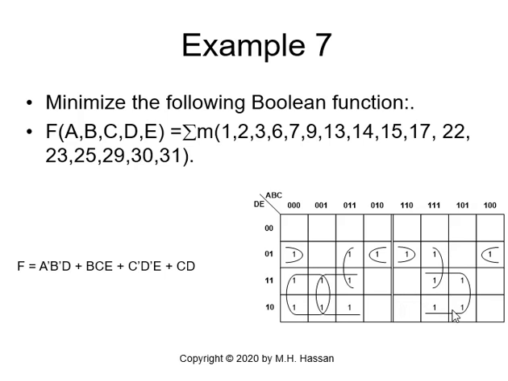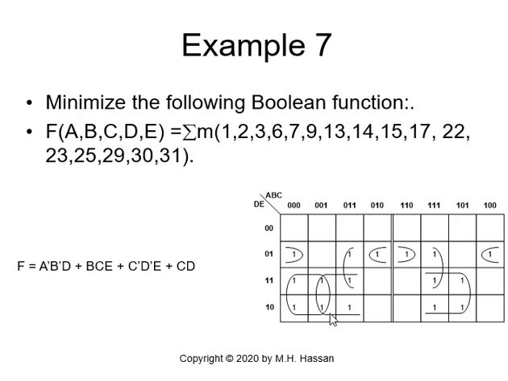The 4 ones here could be grouped also because they are adjacent, they are at the same location of the map. This one with this one, by rotating the map vertically, could be grouped. This one with this one. Those 4 also can be grouped with one group.